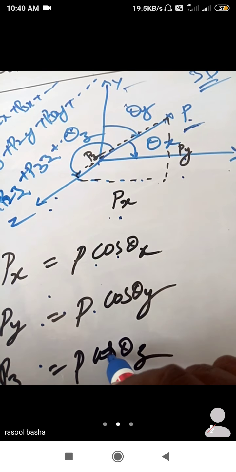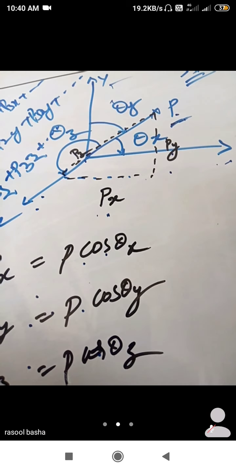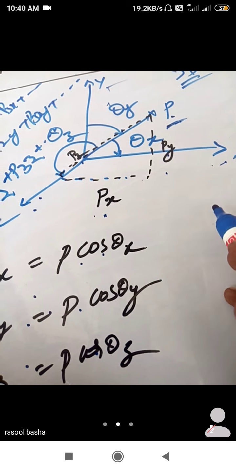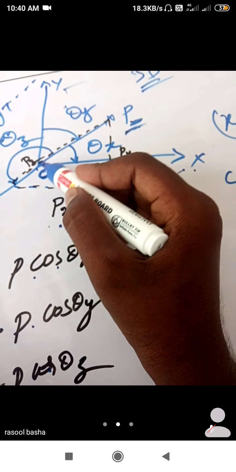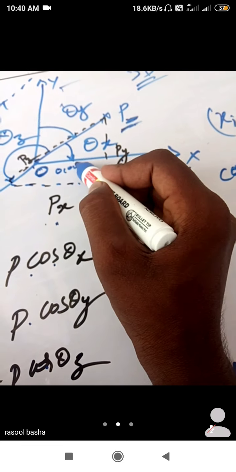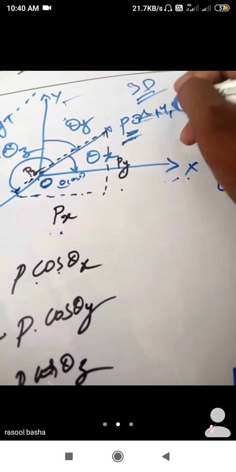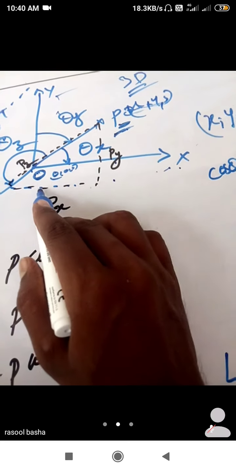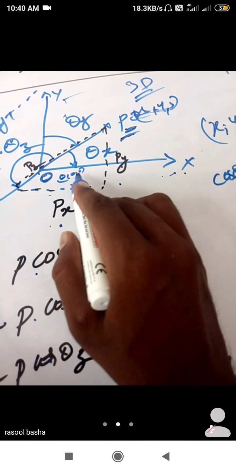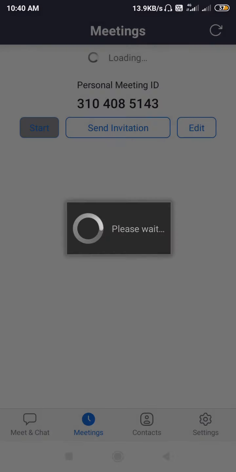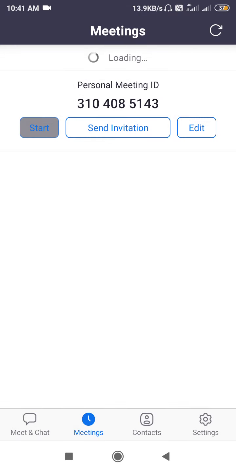Next, coming to direction. P is a force, and initially we have the origin with 0, 0 coordinates. Here we have the x, y, z coordinates. I am considering the position at the origin as xi, yi, zi. Next, at the point P it is considered as xj, yj, and zj.